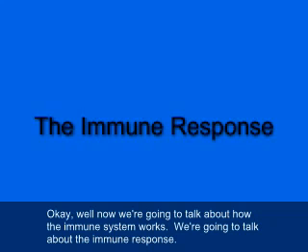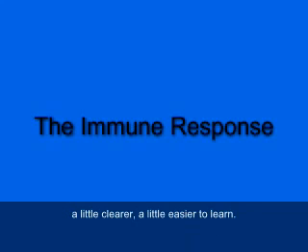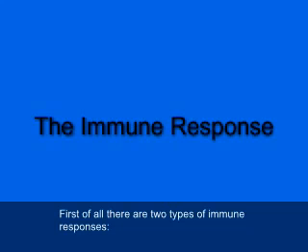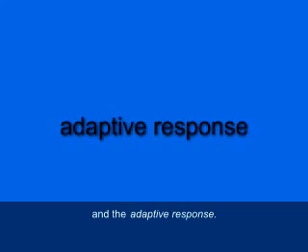Okay, well, now we're going to talk about how the immune system works. We're going to talk about the immune response. And I'm going to add some information that is not provided in the textbook. And I hope that this will make some of the information a little clearer, a little easier to learn. First of all, there are two types of immune responses: the innate response and the adaptive response.